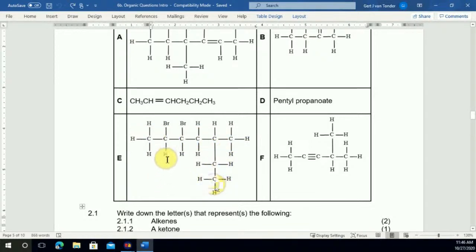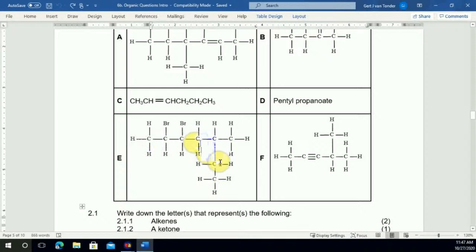If I number 1, 2, 3, 4, 5, 6, 7, then on carbon number 2 there's a bromine, on carbon number 3 there's a bromine, and on carbon number 5 there's a methyl. In alphabetical order, the 2 bromines go first. So it's 2,3-dibromo-5-methylheptane.